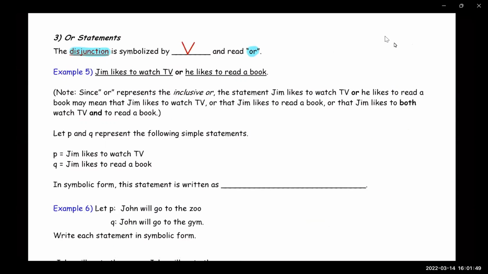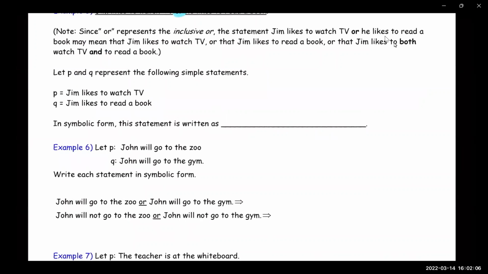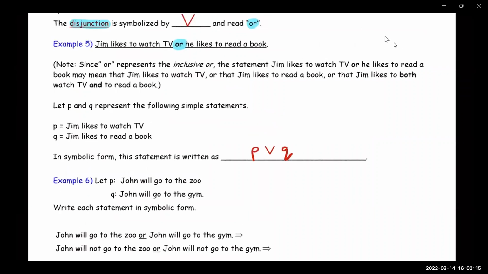So Jim likes to watch TV or he likes to read a book. Okay, so here they define it. Jim likes to watch TV, that's your P. Jim likes to read a book, that's your Q. And so how would you write this? P, V, Q. Yeah, that is right. Because this is your P statement, your or disjunction, and your Q statement.